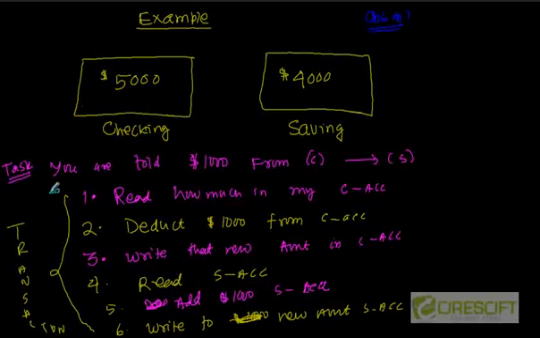The total amount before I do any of these steps is $9,000, together checking and savings. Then I deduct 1000 from here, so the new amount here became 4000, and the new amount here became 5000. So what is the sum again? It is $9,000. So the sum of checking and savings remains what it was before.